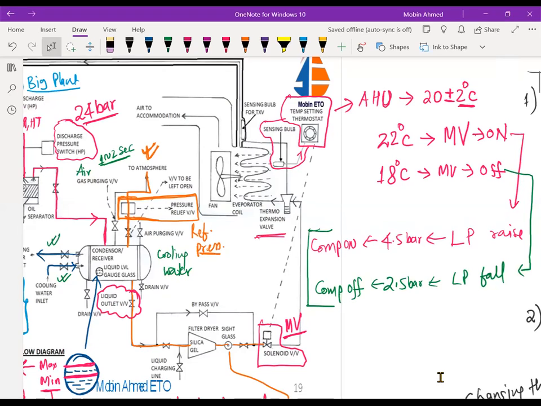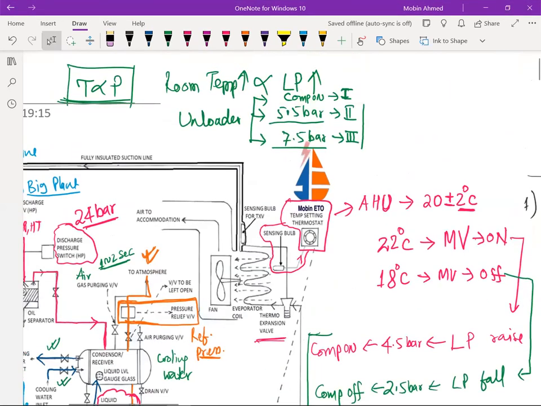Now, next is TEV, that is a thermo expansion valve. This thermo expansion valve also has a sensing valve here. You can see, this is a sensing valve.